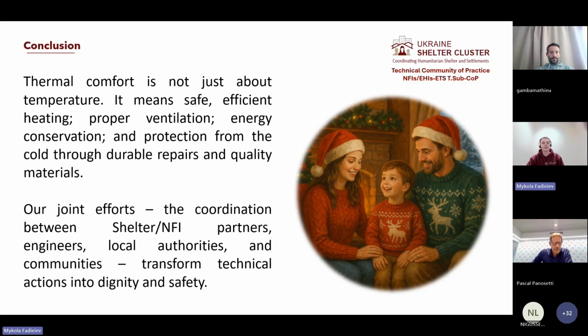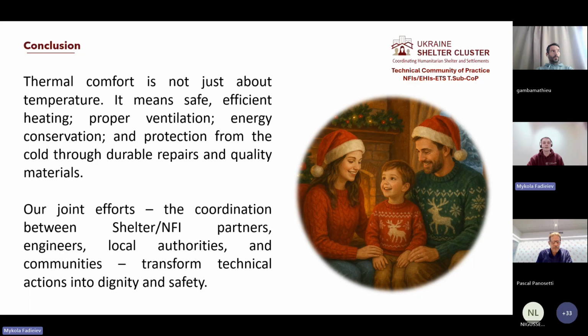But we are using all these courses, instruments, activities and IEC materials to help beneficiaries understand that proper ventilation of the house while you're using heaters, like a solid fuel heater or gas heater, is vital to mitigate the health risks in your house.